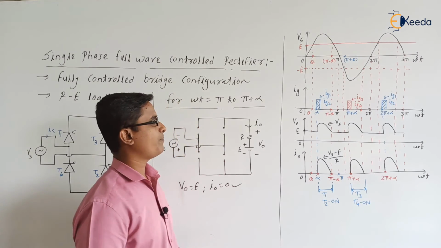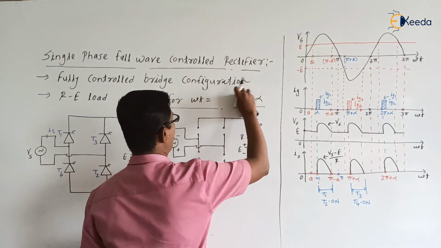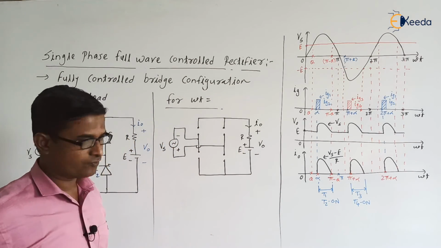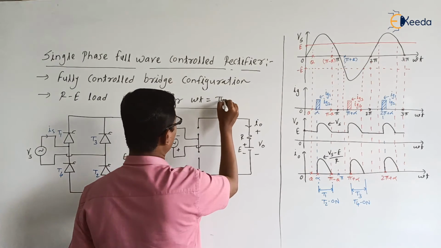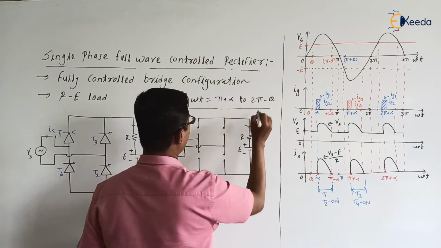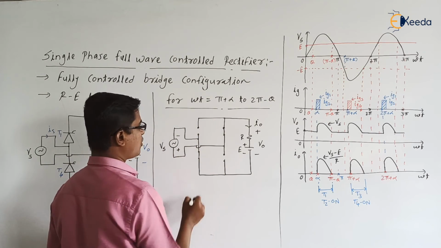Next, from omega t equal to pi plus alpha to 2 pi minus theta, T3 T4 will be in the on state.